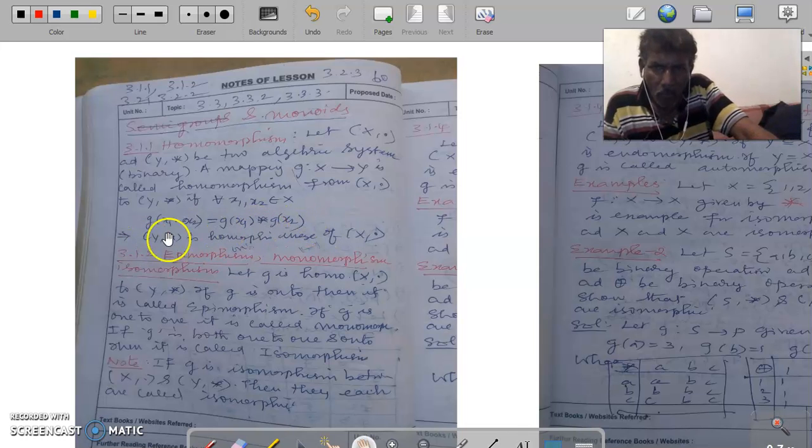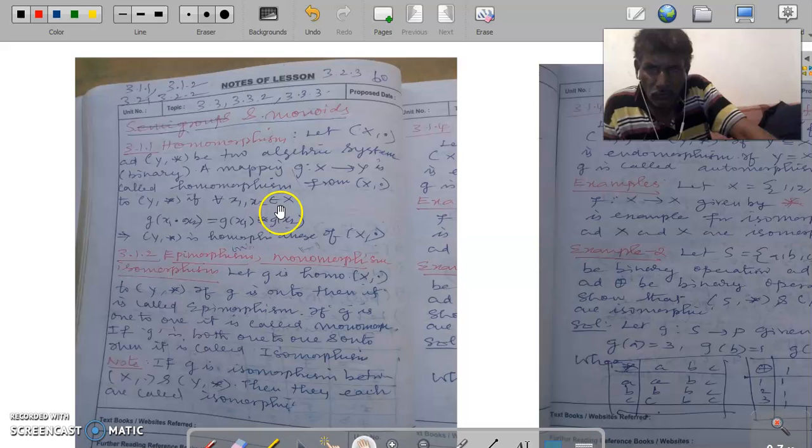In this case, (Y, star) is the homomorphic image of (X, dot). Thus, the homomorphism g from X to Y has to satisfy this condition.